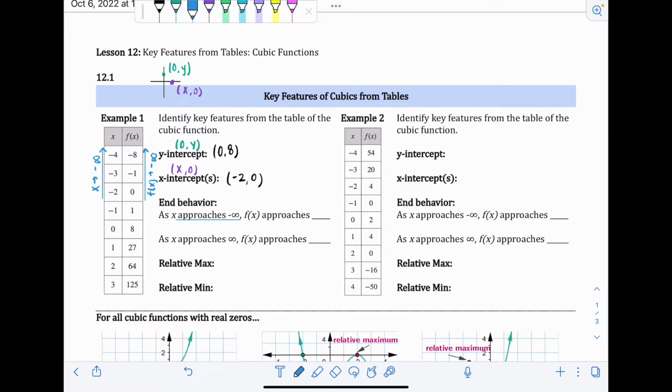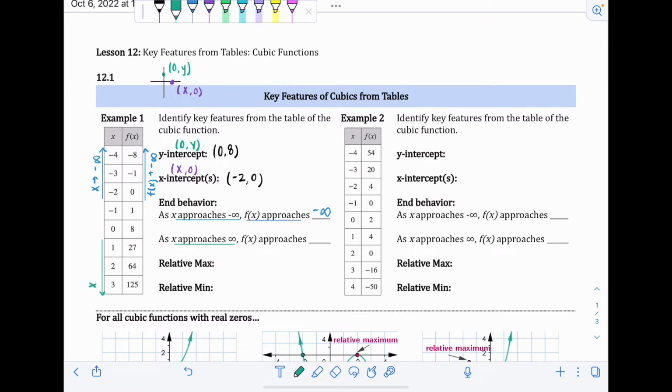So for the first line of end behavior, as x approaches -infinity, f of x approaches -infinity also, because the x values are getting smaller, and so are the f of x values, or the y values. And then for the other part of the end behavior, as x approaches infinity, that means the x values are getting bigger, so you have to go down the table for the x values to get bigger.